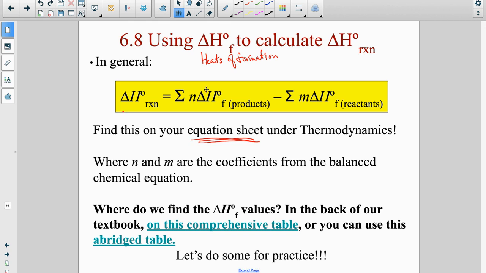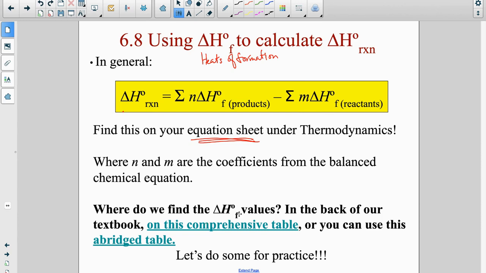So this equation says that if you take the heats of formation of the products times their coefficients and sum them all up, then you subtract off the sum of the heats of formation for the reactants times their coefficients, you will get the heat of reaction by subtracting the two.